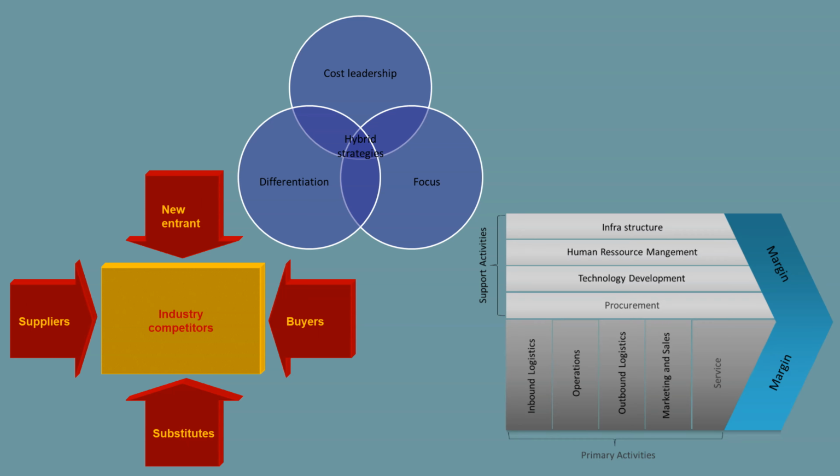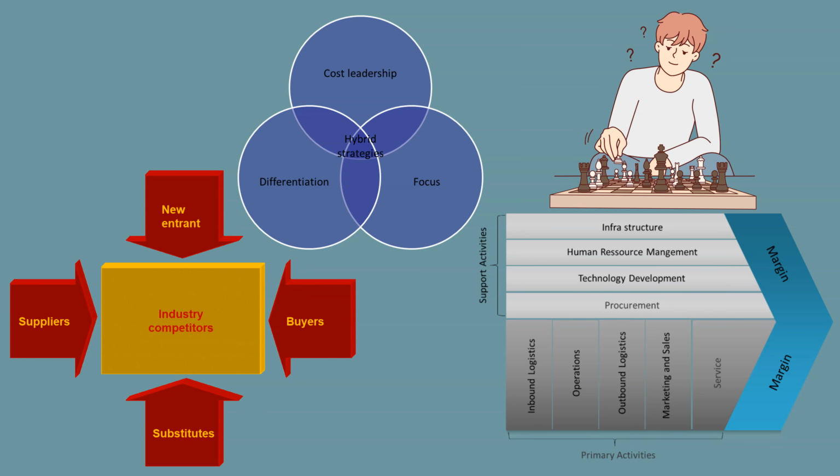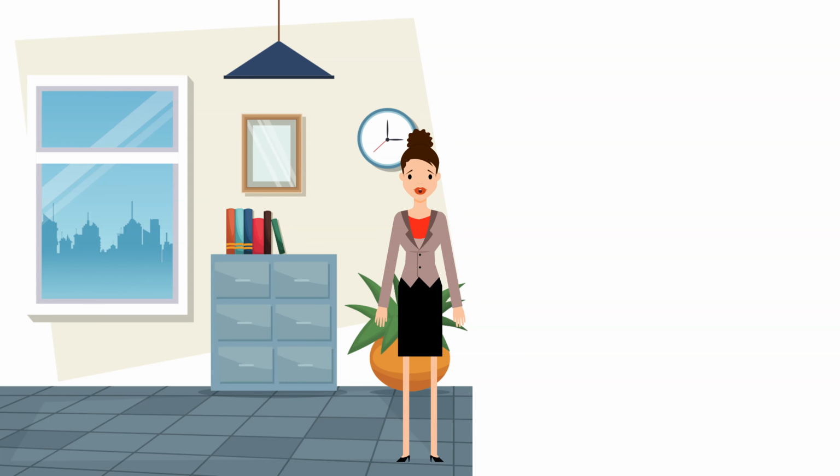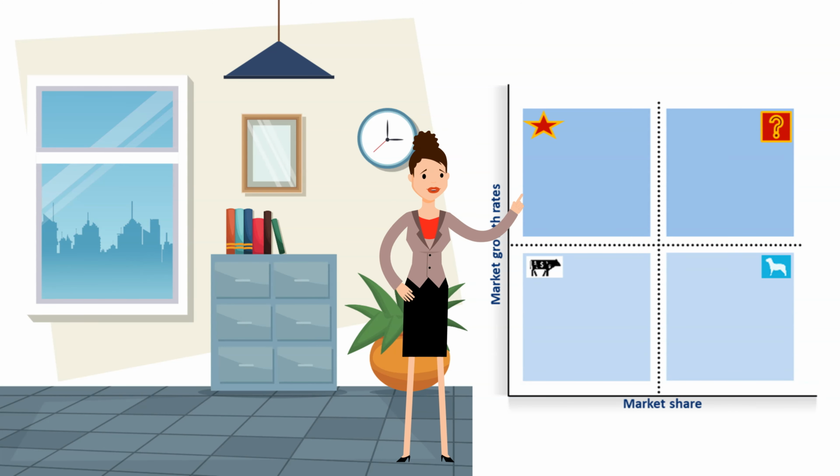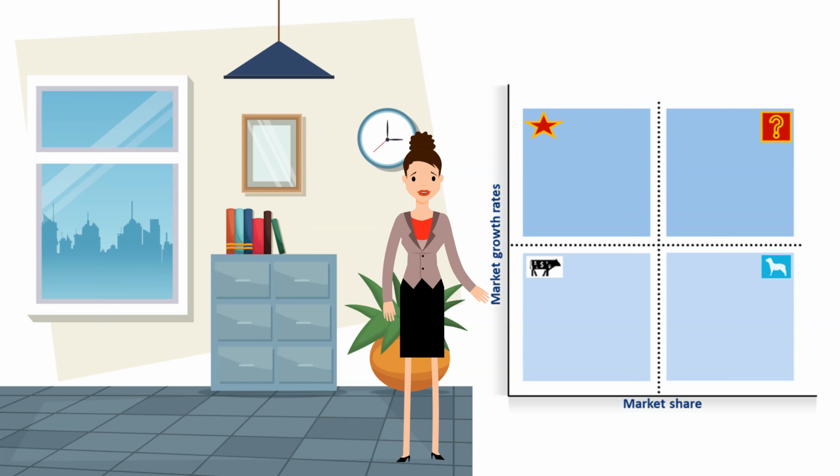Porter's well-known tools like 5 Forces, generic strategies, and the value chain provide businesses with a structured way to evaluate industry dynamics, identify competitive pressures, and plan strategic responses such as vertical integration or entering profitable niches. Alongside frameworks like the BCG matrix and experience curve, companies can assess their product portfolios and seek cost advantages by playing on the card of economies of scale.